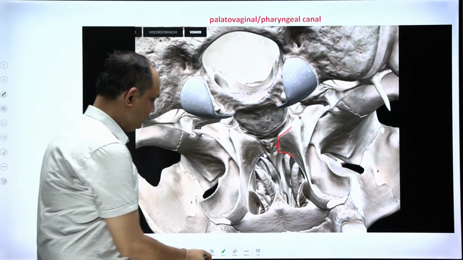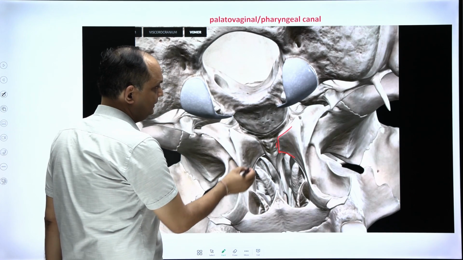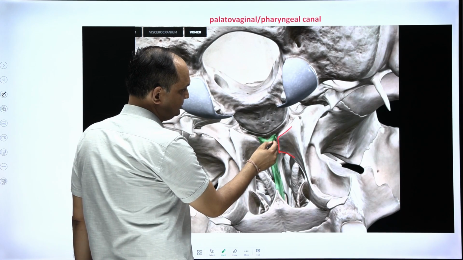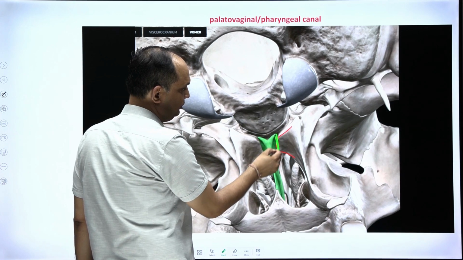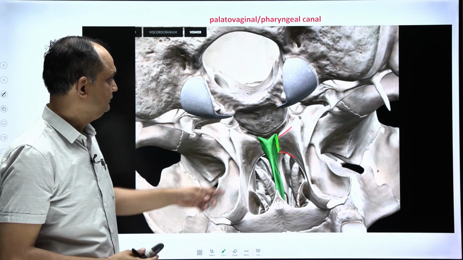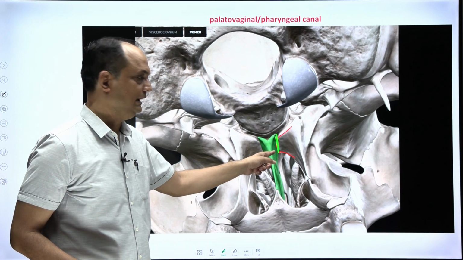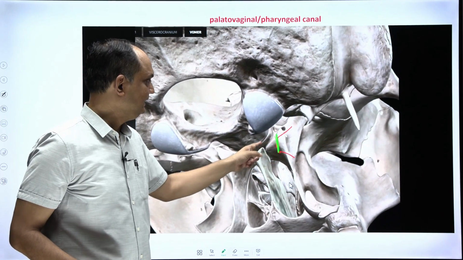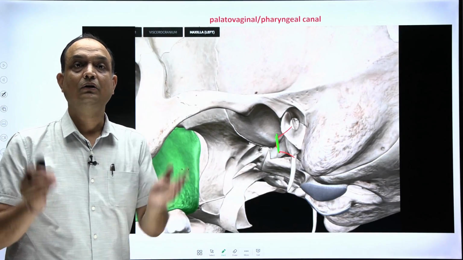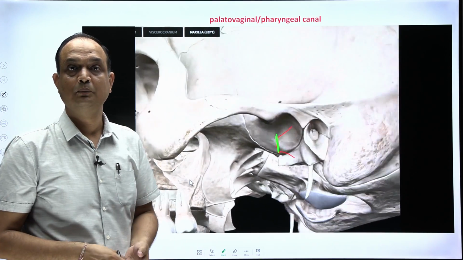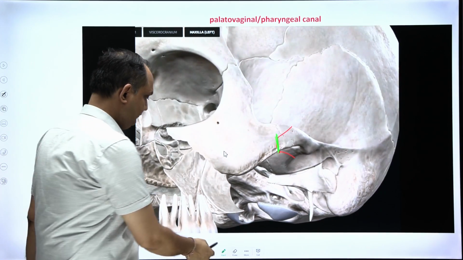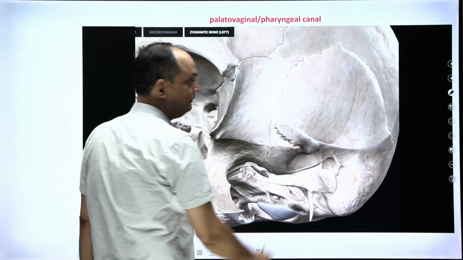When the vomer bone articulates, this groove is converted into a canal. And what is the name of this canal? Vomerovaginal canal. So the vomerovaginal canal is present on the sides of the ala of the vomer bone, and they are articulating with which part? The vaginal process.